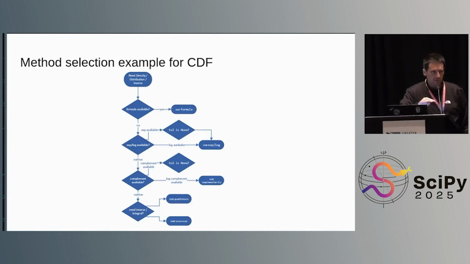Something nice that this makes possible is property-based testing, where you can do consistency checks across all the different methods. There was a problem before where it's hard to test distributions across all parts of the support, all kinds of parameter values, without a reference implementation. It's nice to have reference implementations from arbitrary precision or something, but it's also really good to find bugs, and it worked really well developing this to do consistency checks.